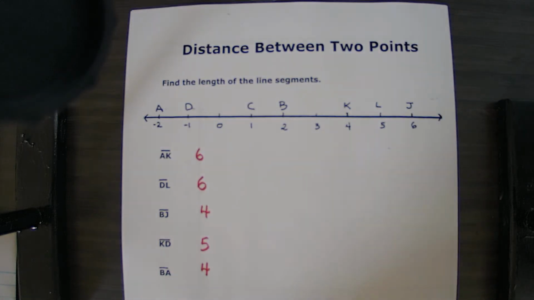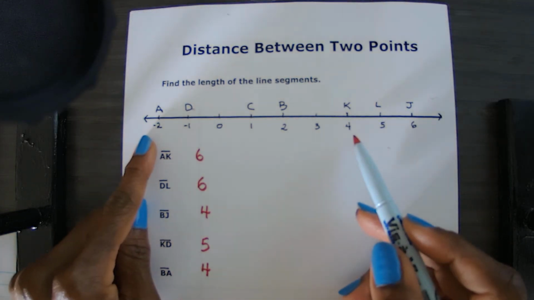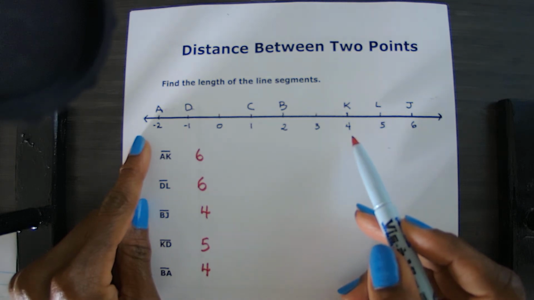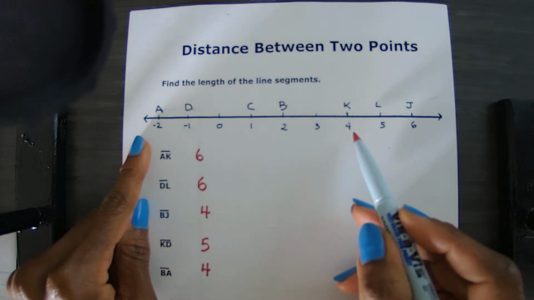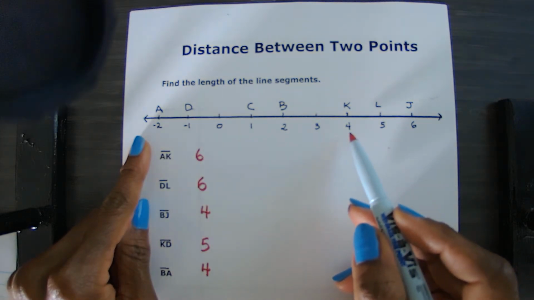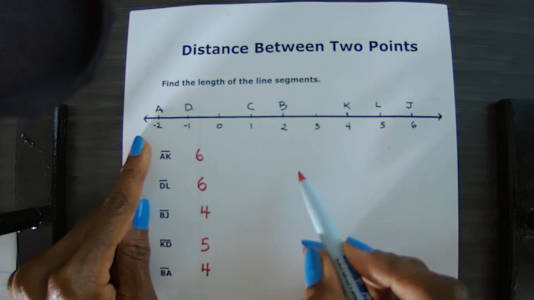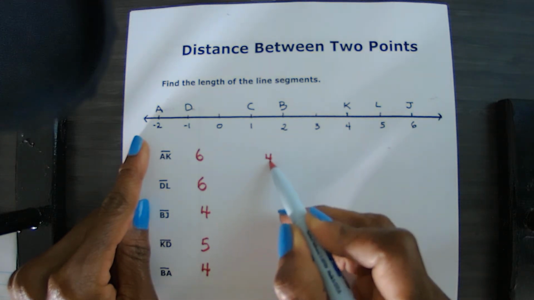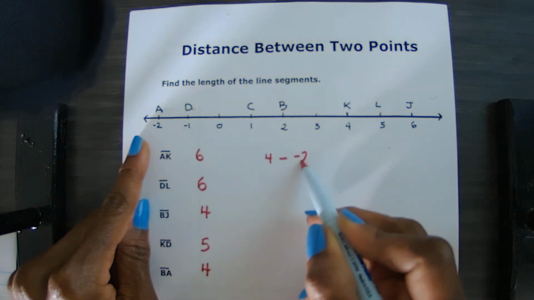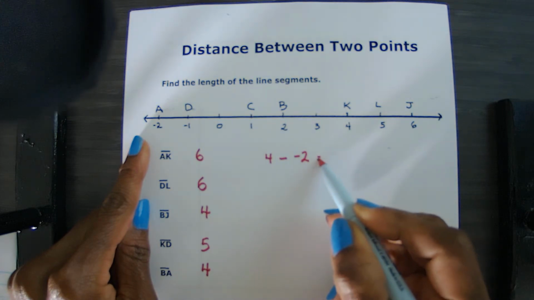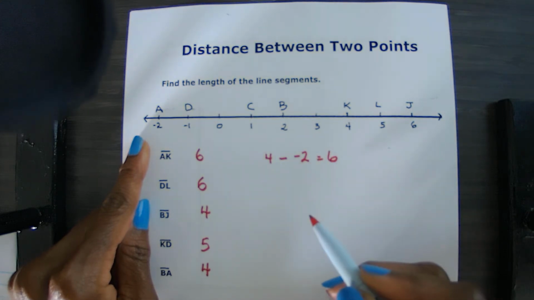So what are we really doing? What process? When you had A and K, you got 6. So let's look at what we did. We ended up at K. So I really want to know the difference between these two. So if I take 4 minus -2, that does give me 6.